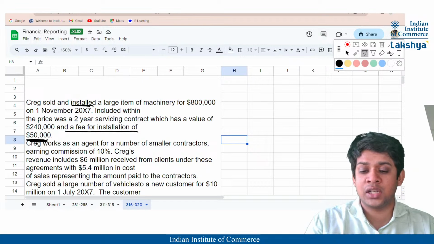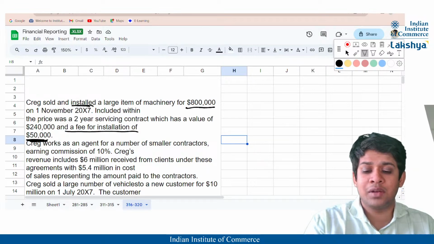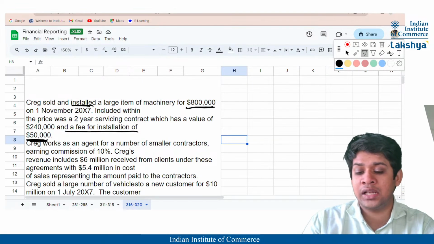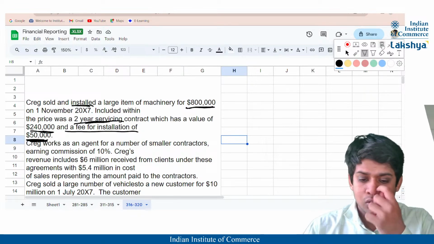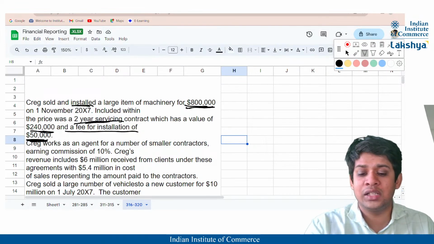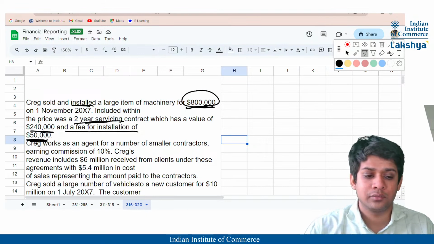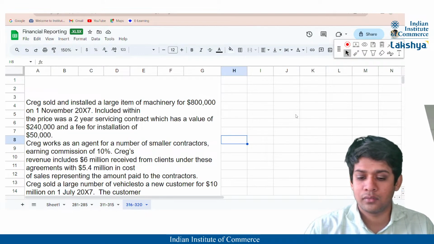For the installation, they are charging $50,000. For the machinery, they are selling it for $8 lakh, and with that, they are providing 2 years of servicing, which is costing $2,40,000. So technically, it is all within this 8 lakh only, correct? It is all included.